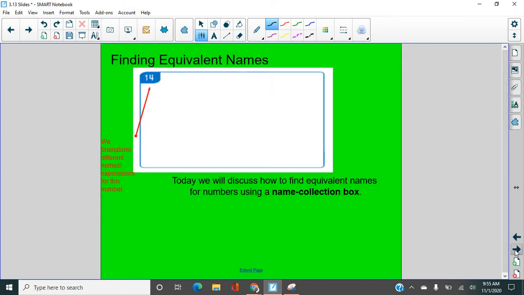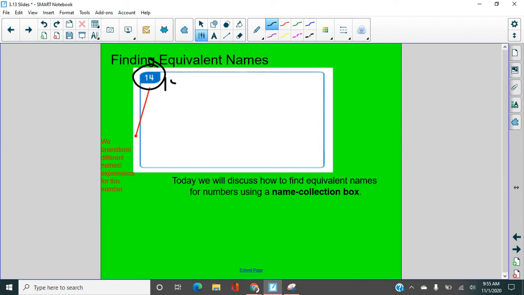So when I have a name collection box, that's what this is. This box shows me that I want to have all things that are equal to 14. What I'm going to do is come up with lots of problems or different ways to show 14, right?